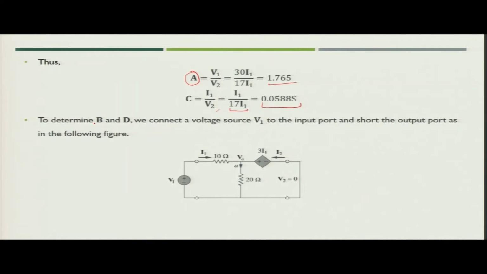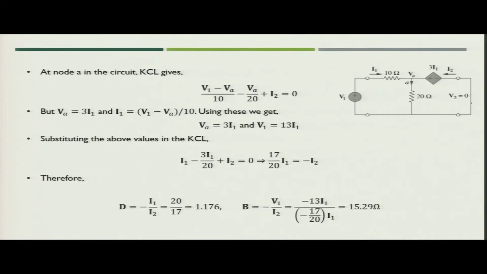Now, we have found the value of A and C. Next we need to find out the value of B and D. So, for that, what do we have to do? We have to short circuit the output port and apply a voltage V1 at the input port and solve the equations. How will you solve? If you see the circuit, you can apply Kirchhoff's current law at this node.